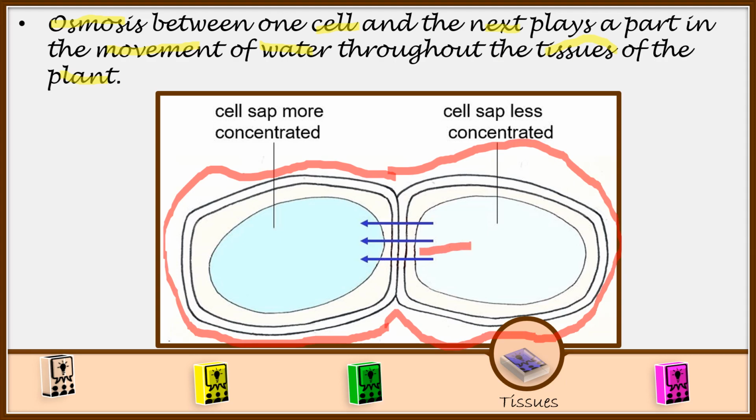So water is now flowing in that direction because this one has more water and this one has less water. Therefore, water will move from where there is more water to where there is less water. And that will continue to another cell like that, and then water will be moving throughout the tissue in the plant.